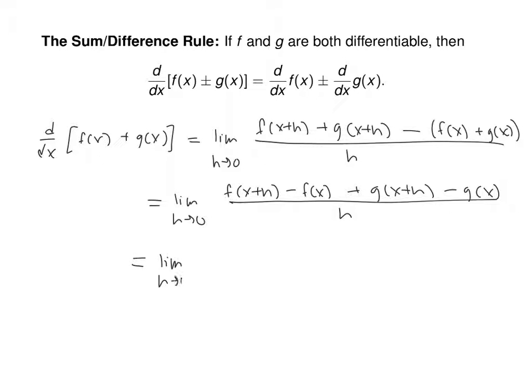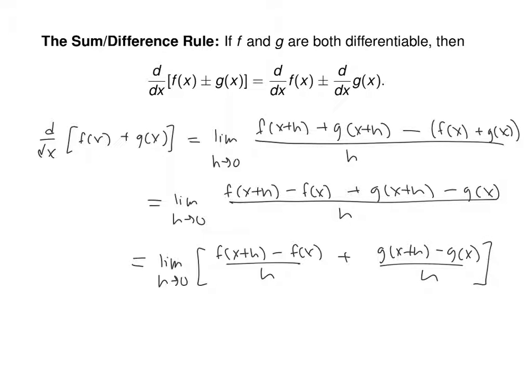Limit as h goes to 0 of f of x plus h minus f of x over h, plus g of x plus h minus g of x over h. I just un-added a common denominator. And then the last thing is that each of those pieces can be limited separately.